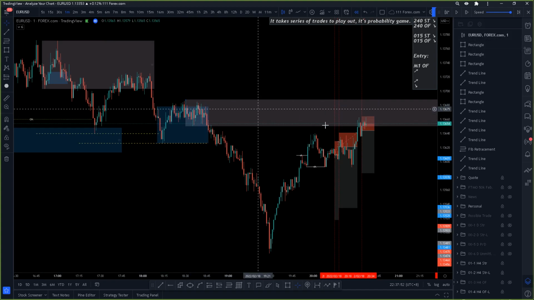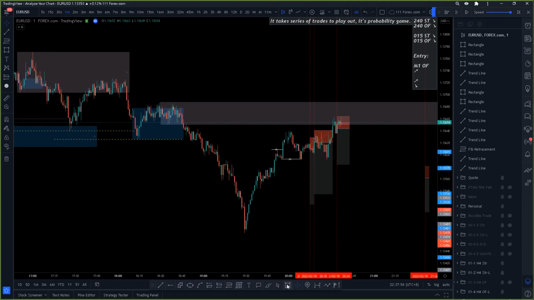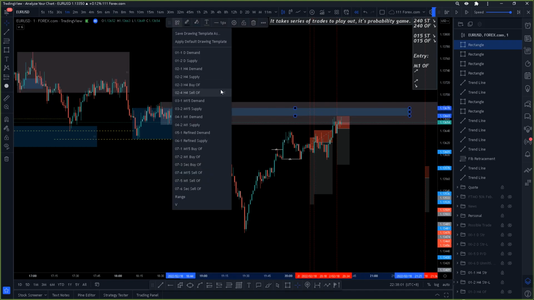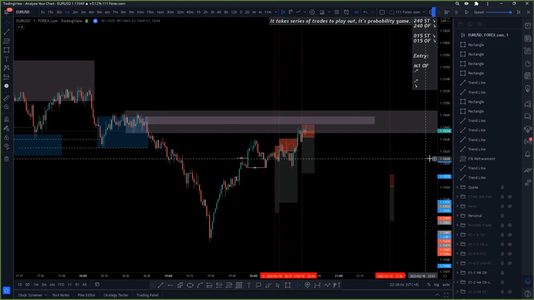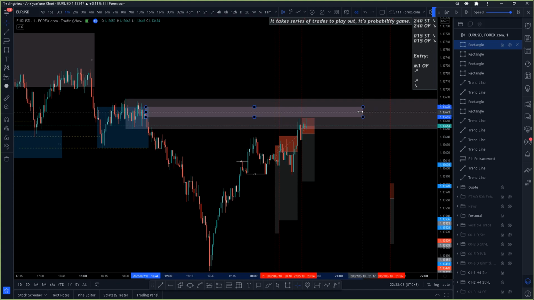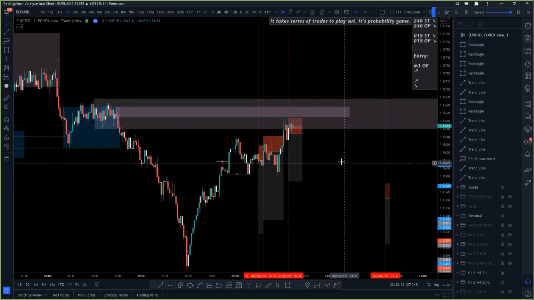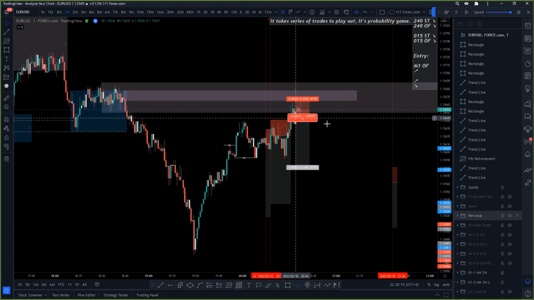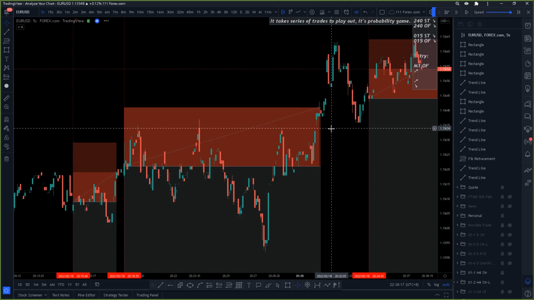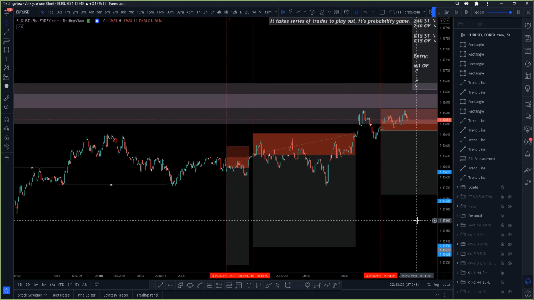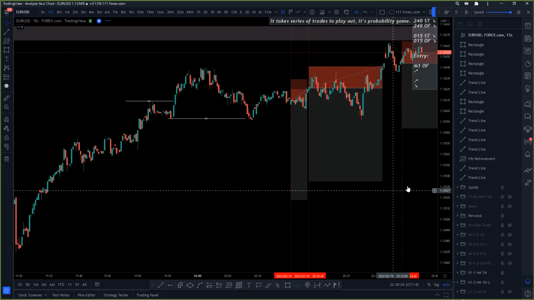Let's tap and do some flip. The last zone will be here, and M1 sell order flow. Why is there a reason I entered there? Make a choke and entry. Weird.